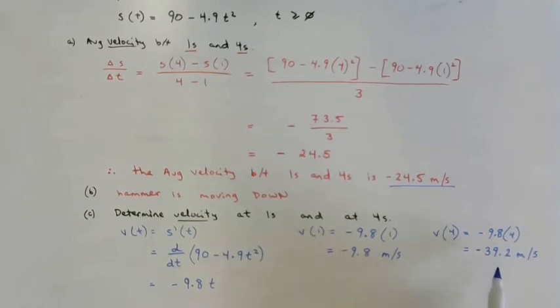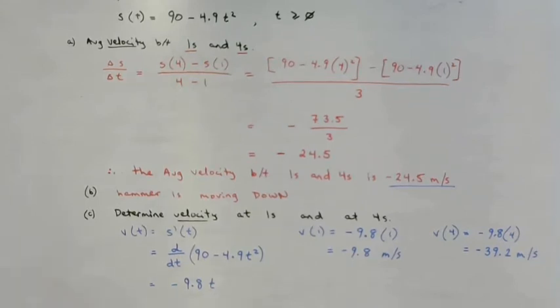Both of them are negative, so they indicate that it's continuously moving down. This hammer continues to move down, and it's moving down at an increasing velocity, or increasing magnitude, I guess I should say.